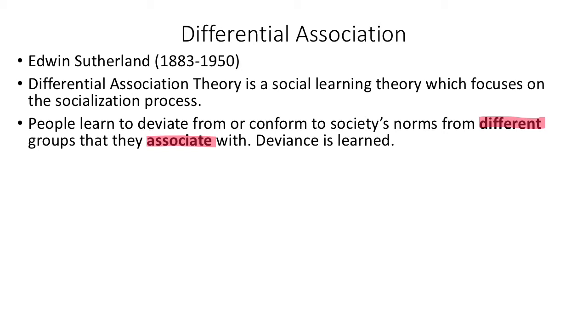Deviance is learned. If any of you were ever warned by your parents that maybe you're hanging around with the wrong people, the wrong crowd, and they're having a bad influence on you, your parents didn't know it, but they were talking the way that differential association theory talks.